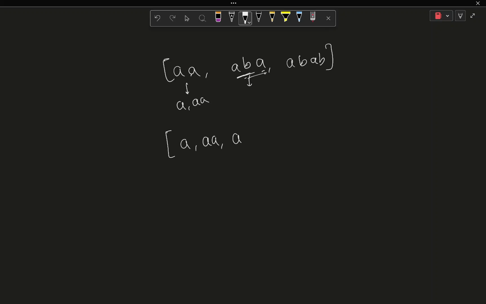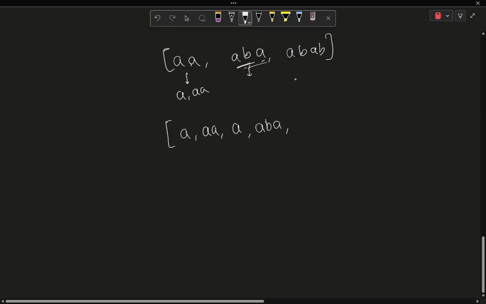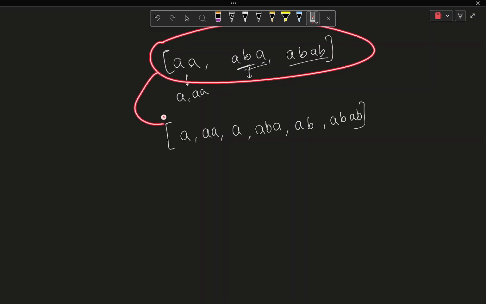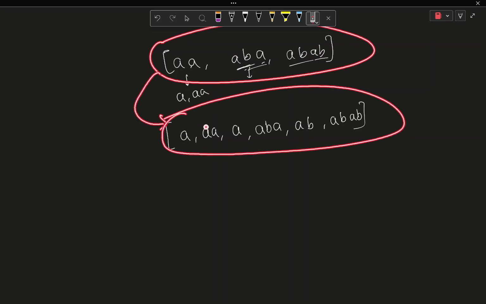AB is not coming up as both prefix and suffix, so it won't be there. But ABA is coming as both prefix and suffix in this given string. So you will add ABA, and in this string you are having AB as coming up as both prefix and suffix, and ABAB as coming as both prefix and suffix. So from this string array we did create this array.